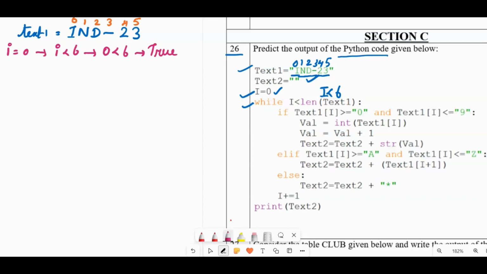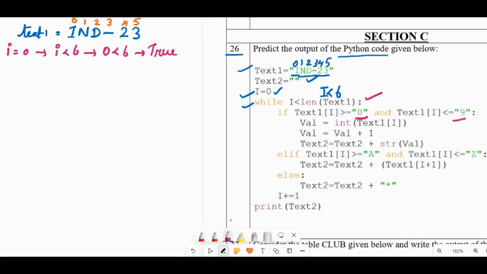After the condition is true, it moves on to the next step, which is the if condition. In the if condition we have text 1 of I greater than or equal to 0, and text 1 of I less than or equal to 9. These are comparing numerical values, 0 and 9.